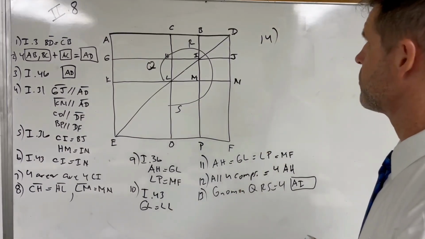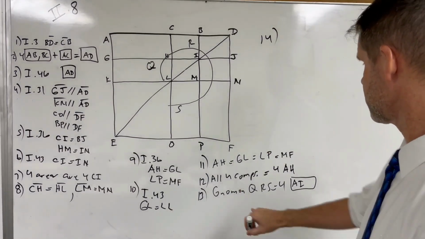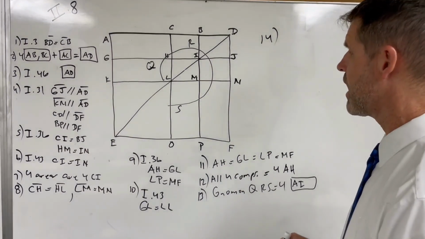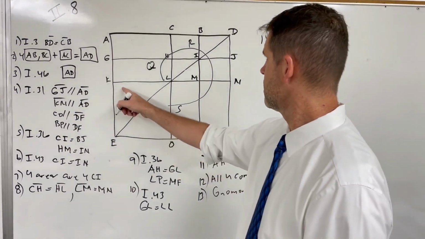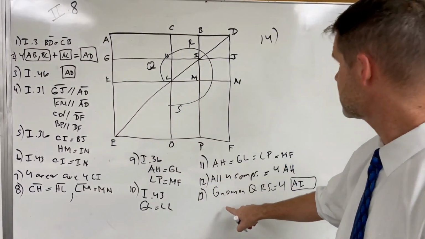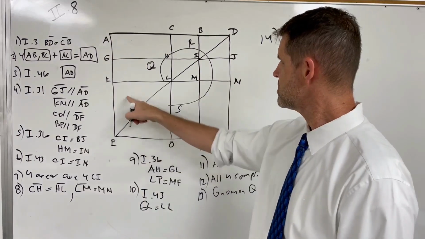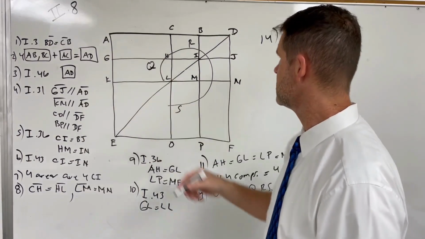We'll go up here to step 14. So we've got the gnomon QRS equals 4 times the rectangle AI. Now let's add KO to both sides of step 13 here. But we can see that KO is the square on AC.